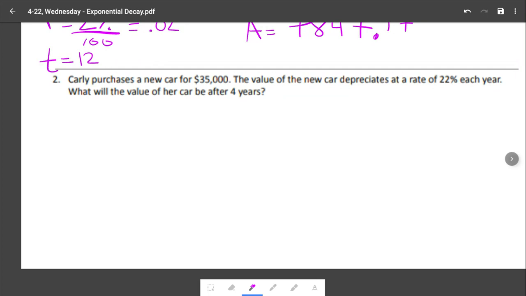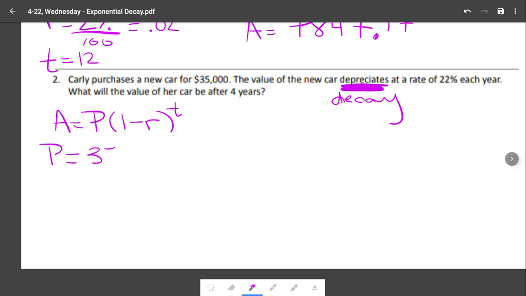Question 2. Carly purchases a new car for $35,000. The value of the new car depreciates. Depreciates means decay, goes down, at a rate of 22% each year. What will the value of her car be after 4 years? So again, same formula, our decay. She's purchasing the car for $35,000, the initial amount.